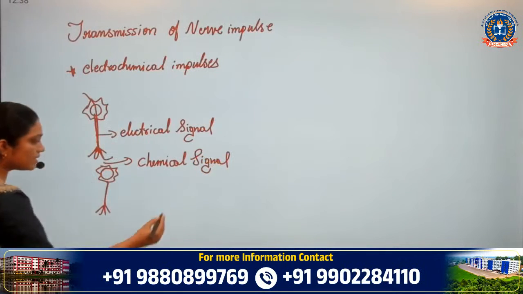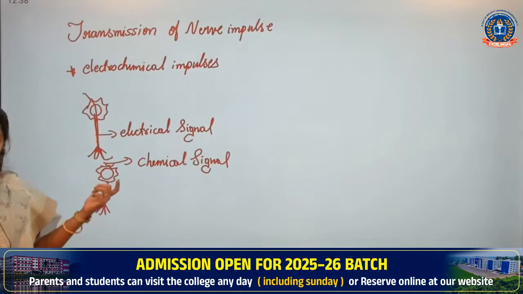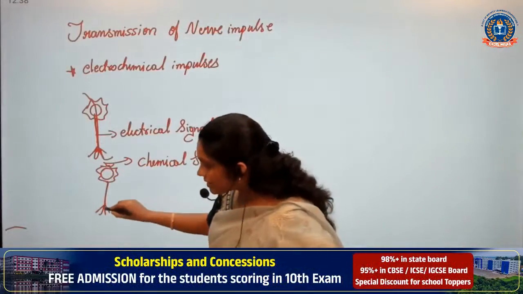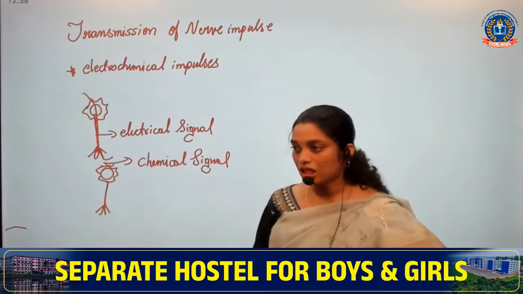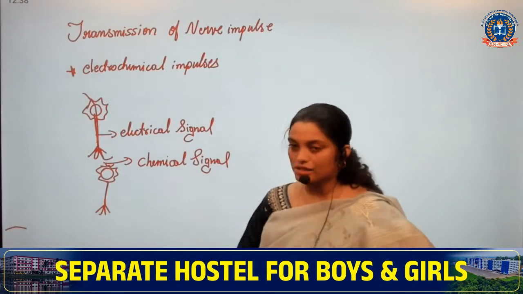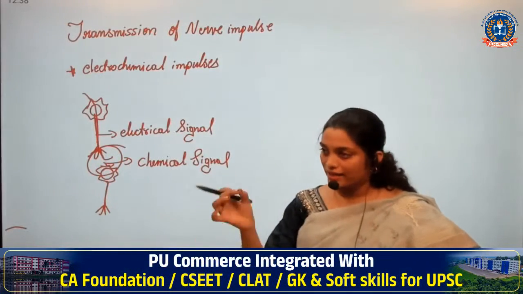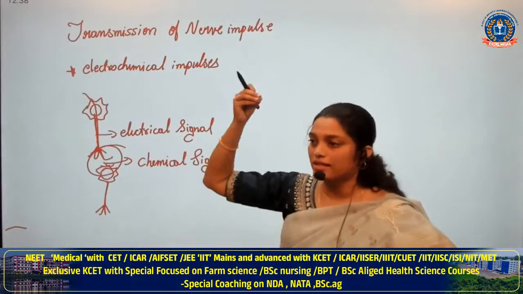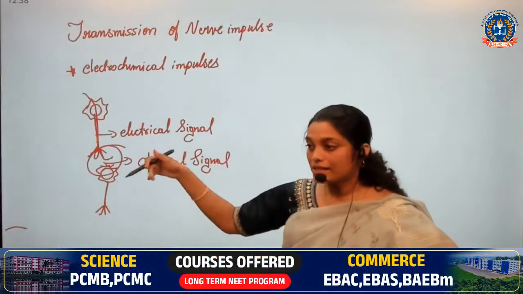This chemical signal will be received by the next dendrites, and these dendrites will take that signal. Again that signal will pass in the form of an electrical signal and again back to a chemical signal. This is how it passes. What exactly happens over here, how this electrical signal got converted into chemical signal, and how this chemical signal went to the next neuron as an electrical signal, we will be studying now.